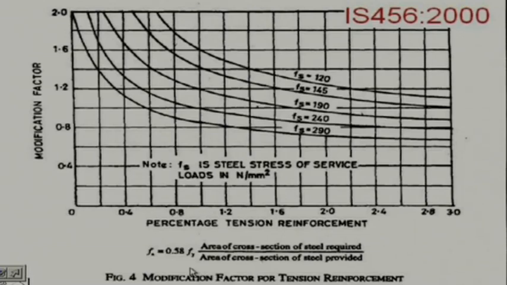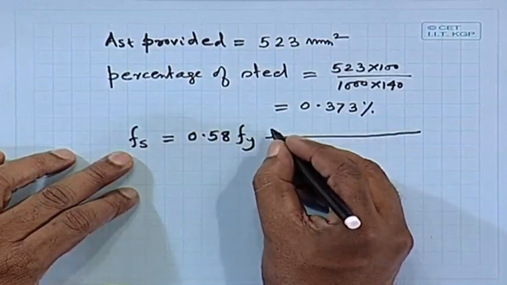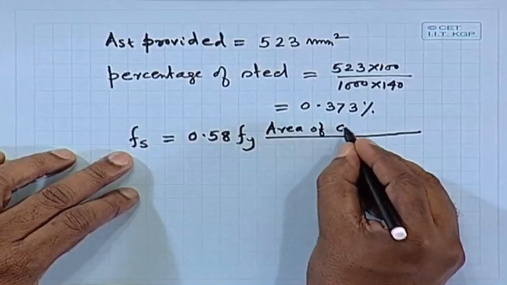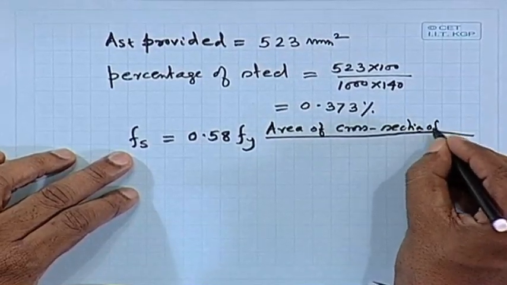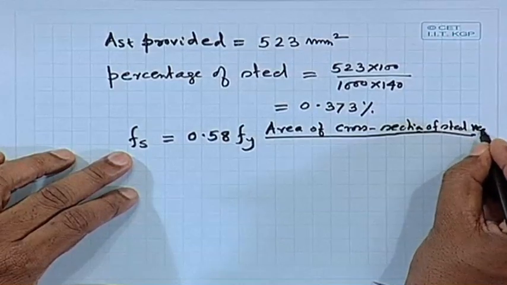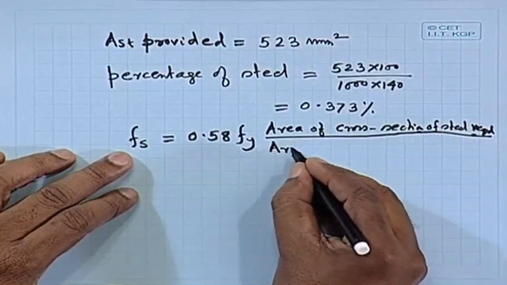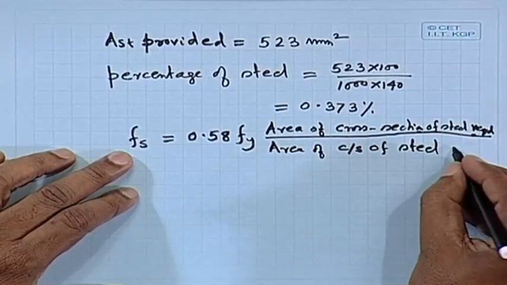Fs equal to 0.58 times Fy, Fy is 415, divided by area of cross section of steel provided, multiplied by area of cross section of steel required. This one will be required, okay.